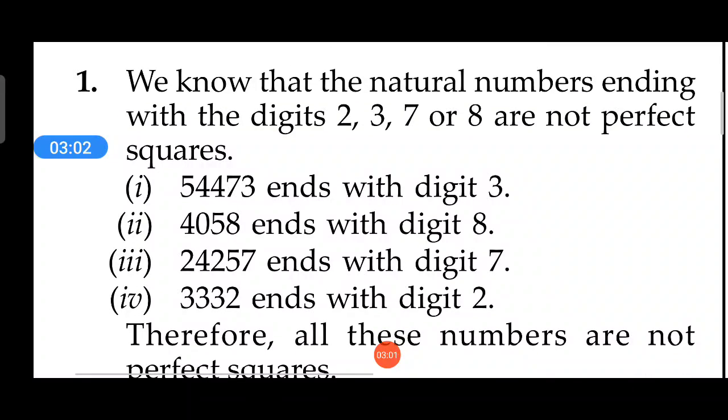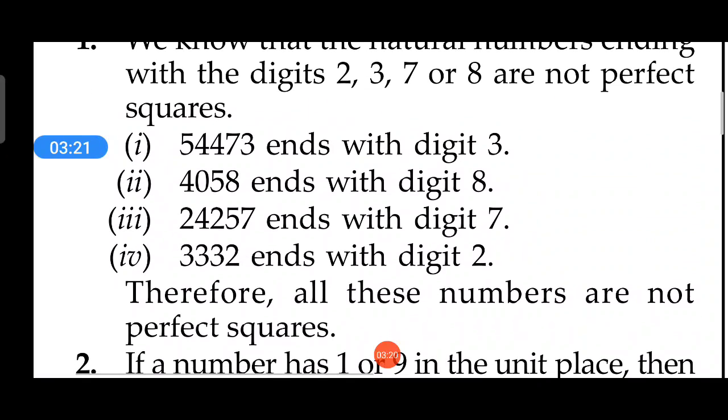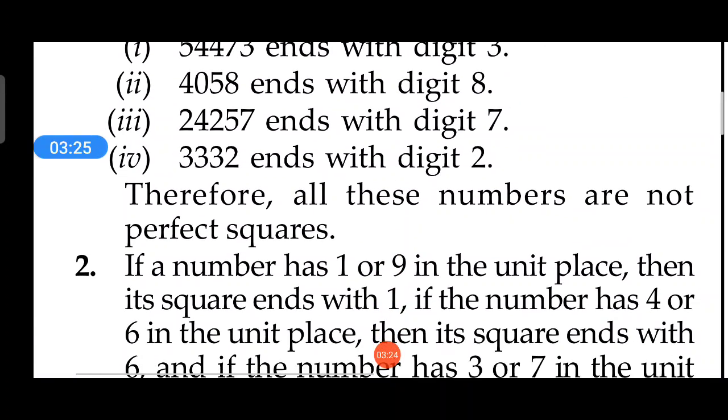So here 1,54,473 ends with digit 3, so it is not a perfect square. The second also ends with 8, third ends with 7 and fourth ends with 2. Therefore, all these numbers are not perfect squares. Easy to understand.